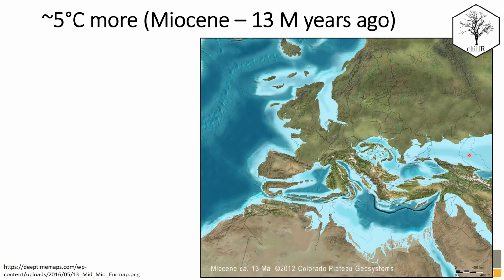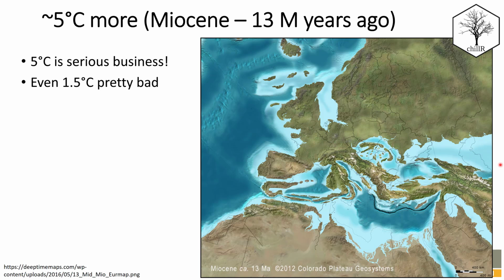I mean, it's a very different situation in any case, and that's not necessarily what we want to go back to. I mean, 5 degrees is serious business. The kind of warming we're talking about is serious business. It's not a joke. It's not something we'll easily adapt to. It actually could possibly mean a reshaping of our land areas, moving of the seashore into areas that are now densely inhabited.